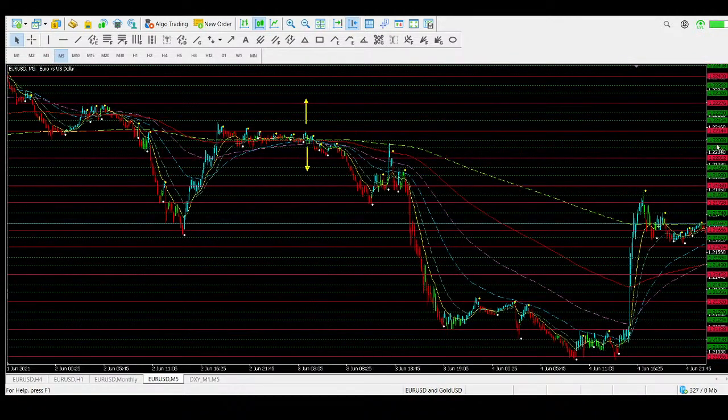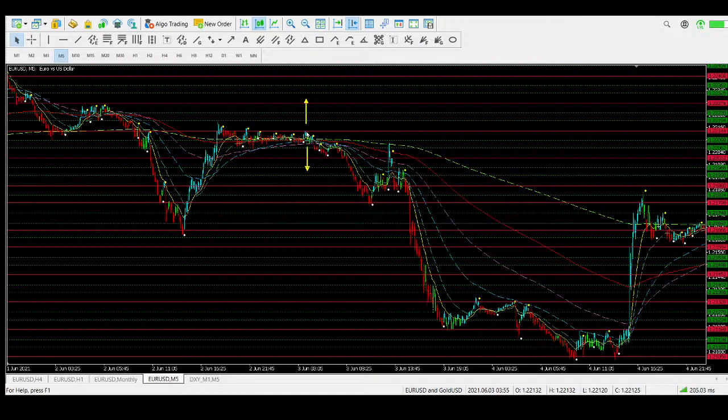I was looking for a drop based on my analysis, looking at the long-term time frame, and I was expecting to see this fall from here. When I had this trade setup done, this is the area that I was looking at.